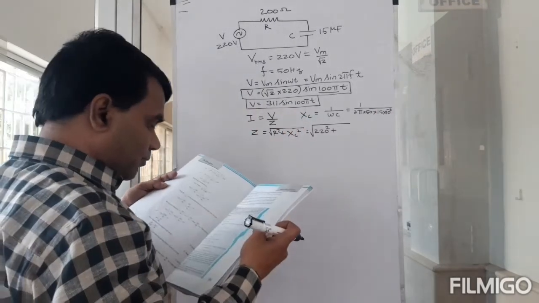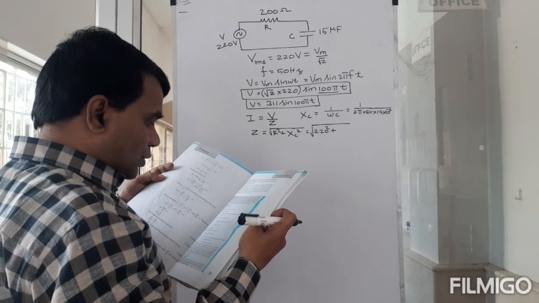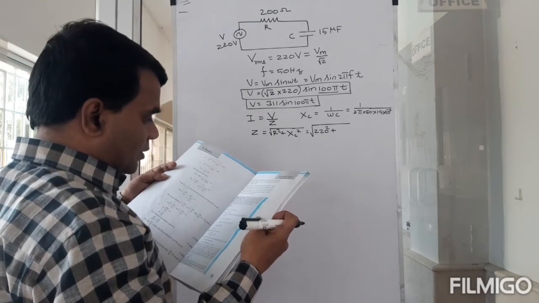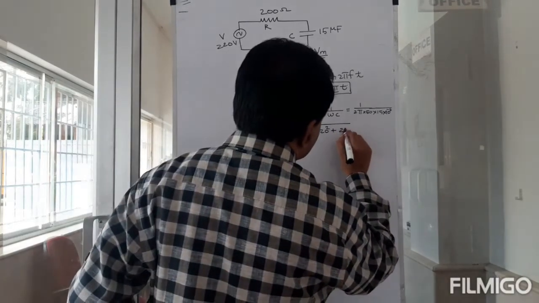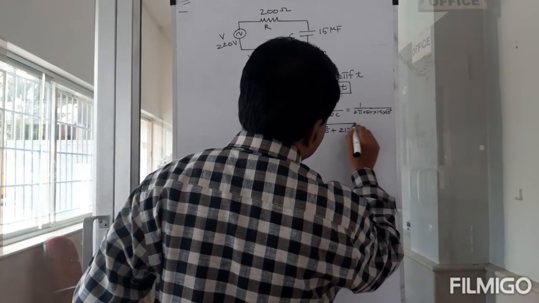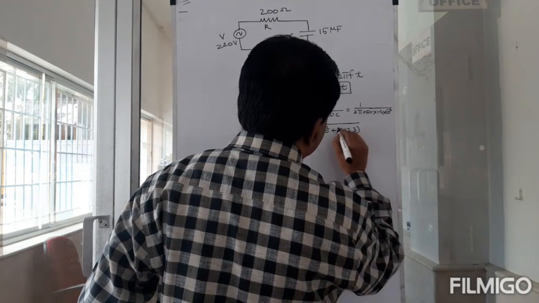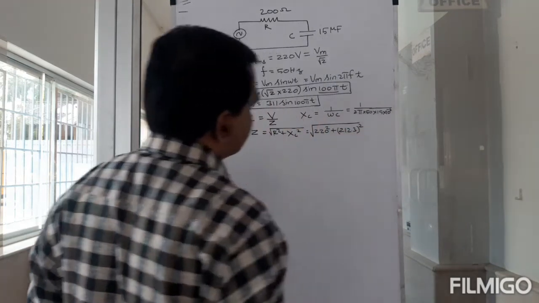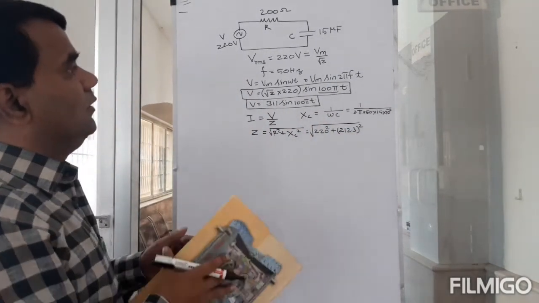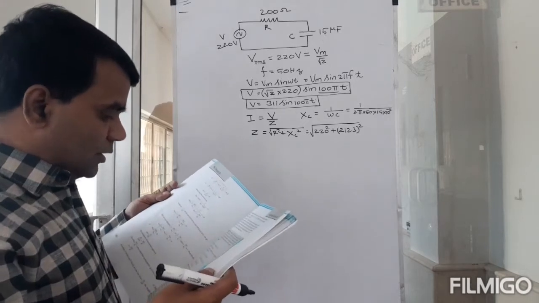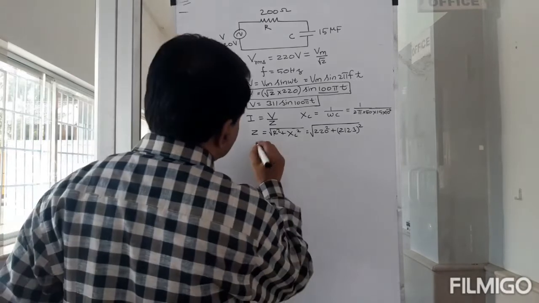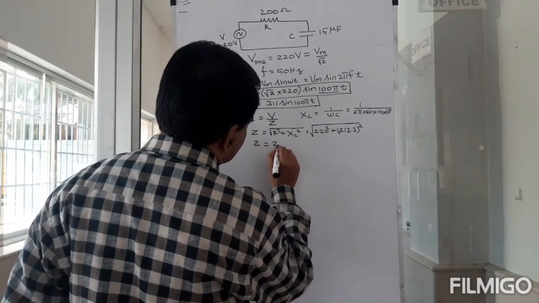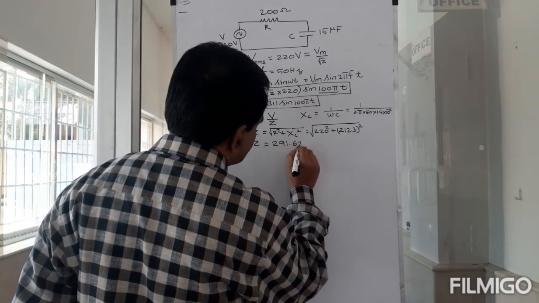That gives you 212.3 ohms. So the Z value I get is 291.67 ohms.